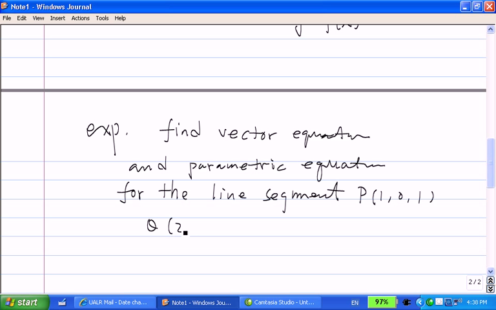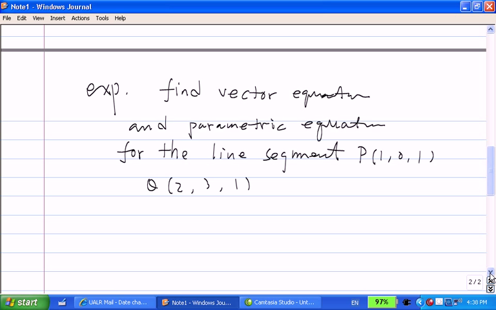Q here is 2, 3, 1. So we only want the part of the line determined by P and Q. Here's P and here's Q. We only want the part of this line in between P and Q.